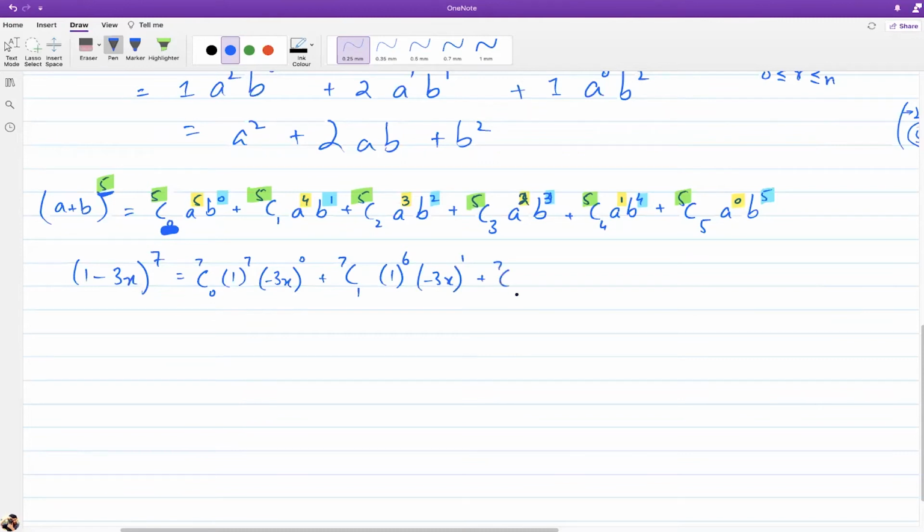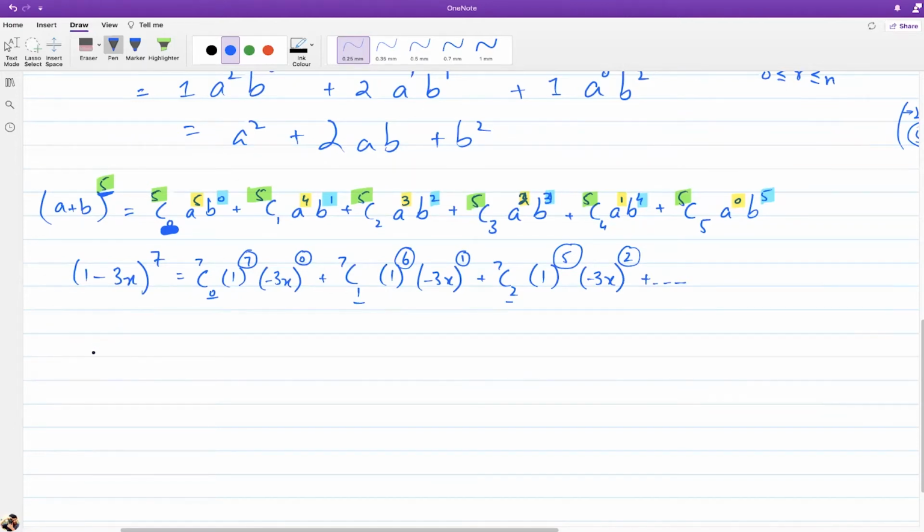Then 7c2, 1 to the power 5, minus 3x to the power 2. And that's how it will grow. Basically, this power will keep decreasing, this power will keep increasing, and so will this number. Okay? That's one. They ask you to expand a term.